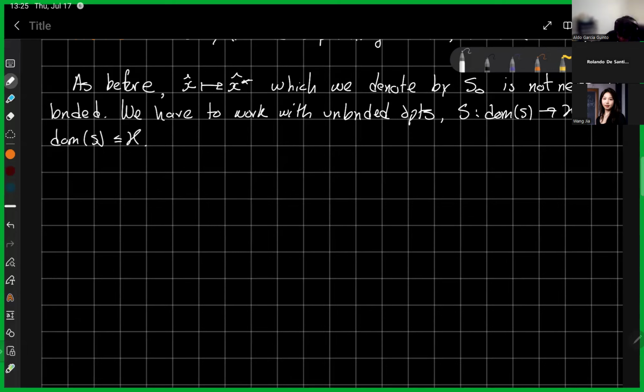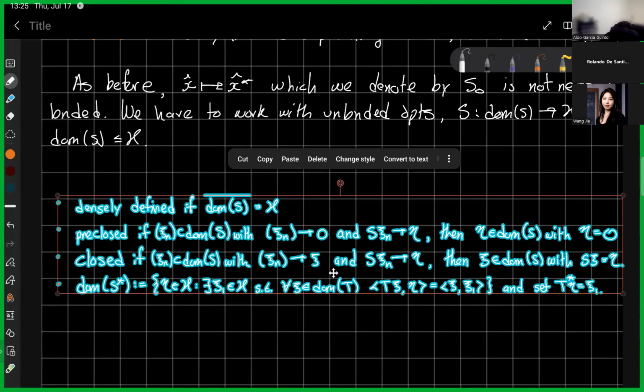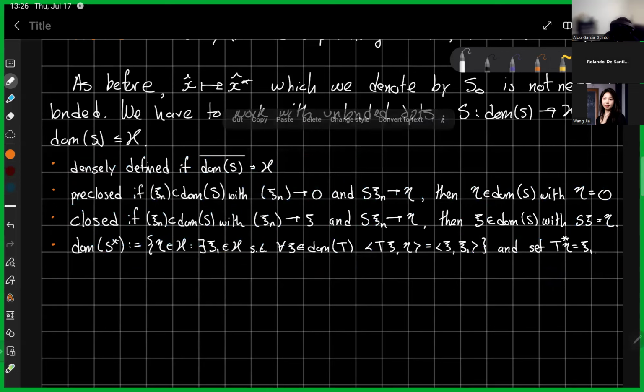Okay, so the idea is that when you're working with these operators, you need the operator to be densely defined, which means that the domain is dense.